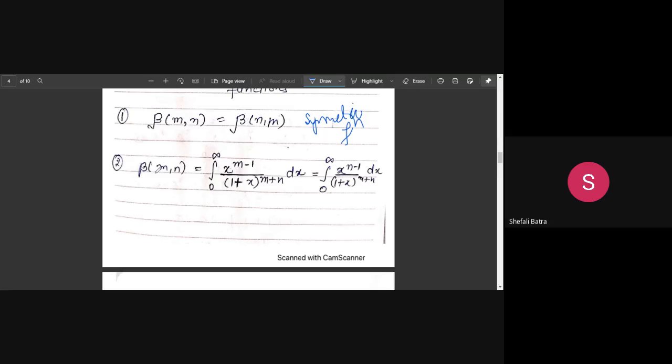Next, beta m comma n is equal to integral 0 to infinity x power m minus 1 divided by (1 plus x) power m plus n into dx, or that is equal to integral 0 to infinity x power n minus 1 divided by (1 plus x) power m plus n into dx. This is the relation of beta.